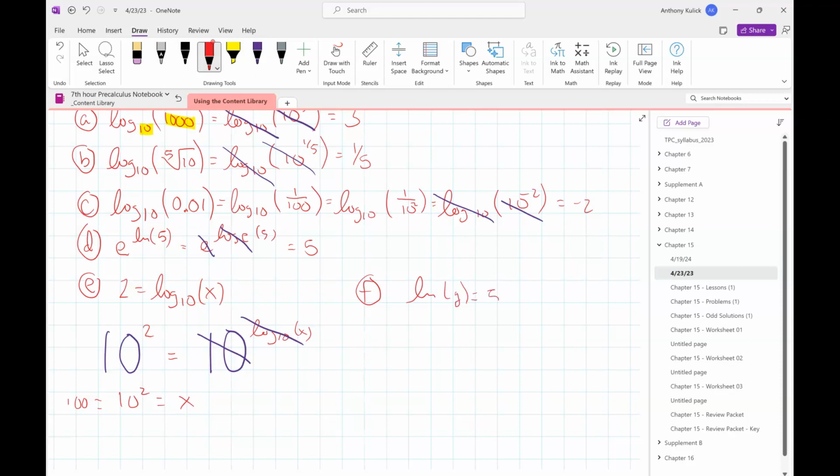Similarly, we have natural log of y is equal to 5. Remember that natural log is log base e. So what do we need to do to both sides to cancel log base e? Exponent base e.